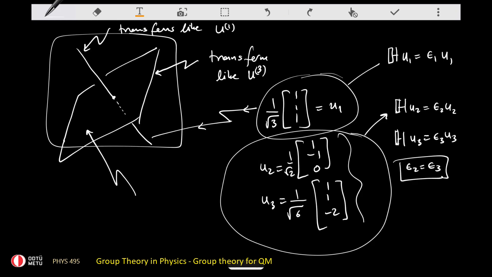Why did we get the same eigenvalues here? I made the discussion before, so I'm not going to repeat it, but this follows from the Schur lemmas, and therefore we just have this degeneracy.